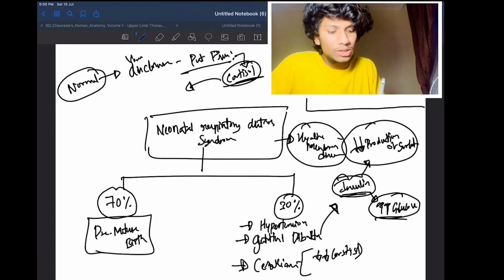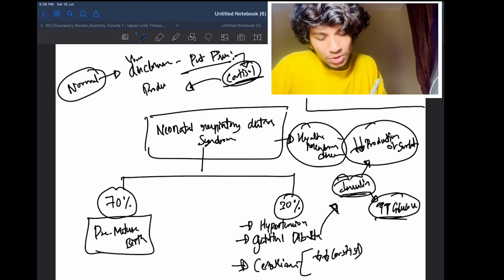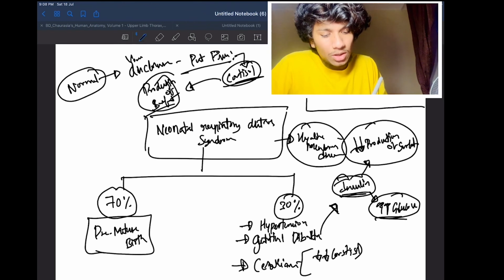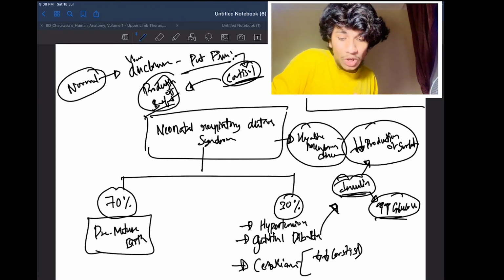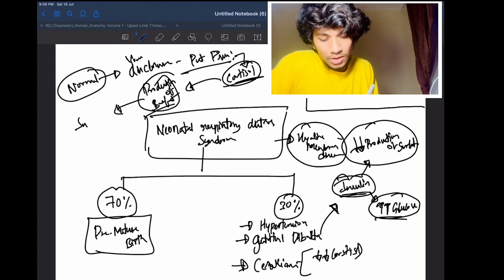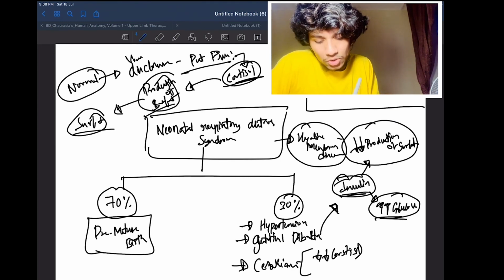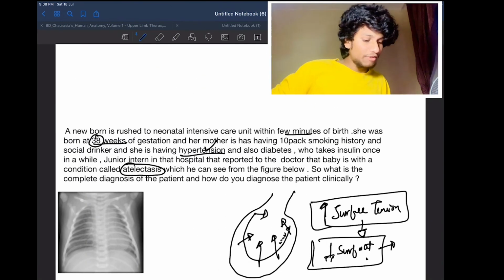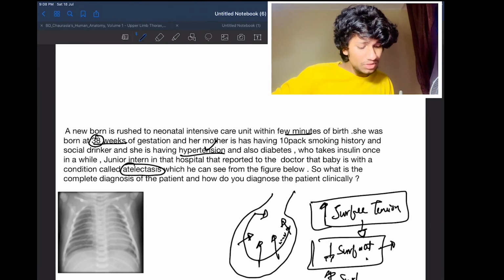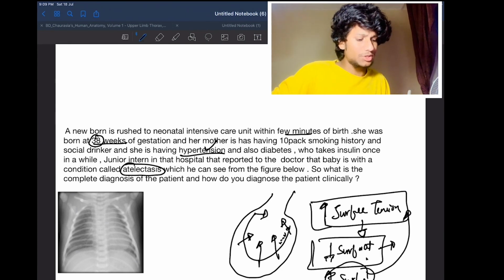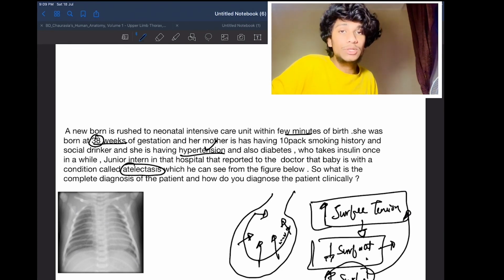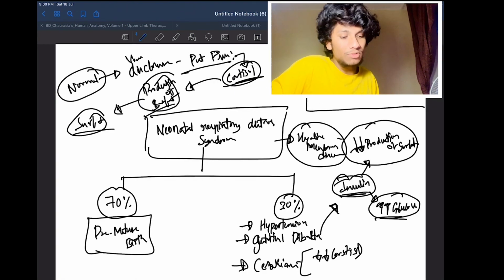This cortisol is also used for the production of surfactant, so cortisol production is very important for it. So normally there is enough surfactant to decrease the surface tension, and when the surface tension is normal, then we have the normal functioning of alveoli.